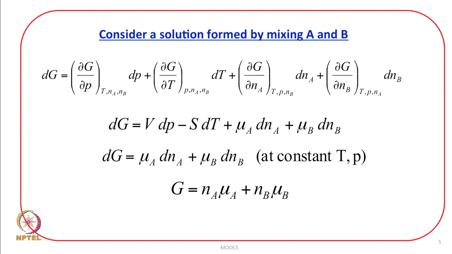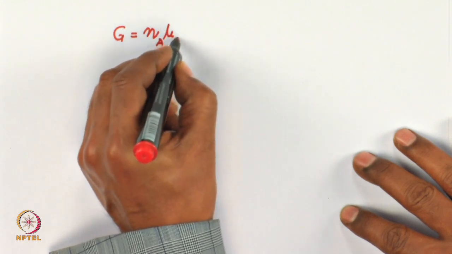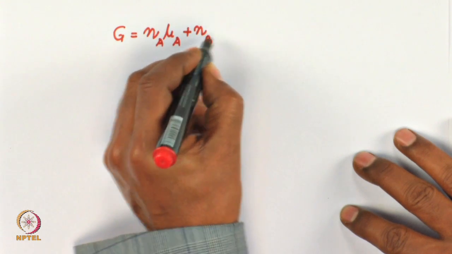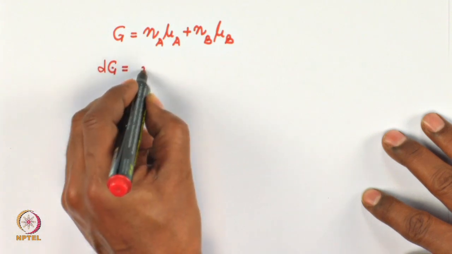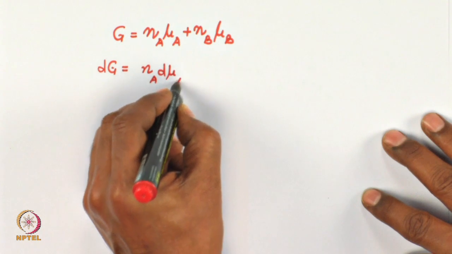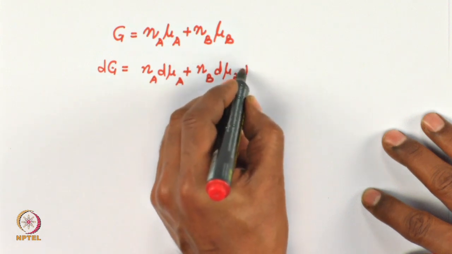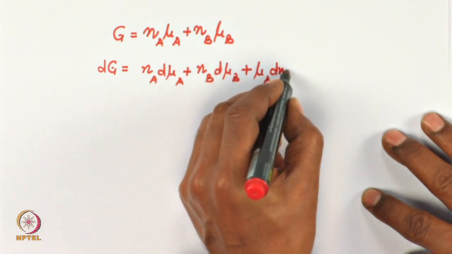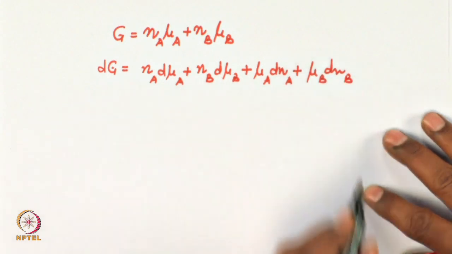So, G we are writing as Na times mu A plus Nb times mu B. Therefore, dG I can write as Na d mu A plus Nb d mu B plus mu A dNa plus mu B dNb.